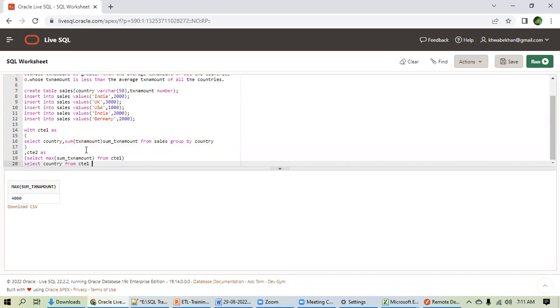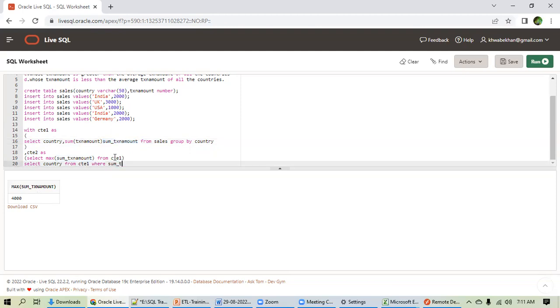But which country name do you want? What is the condition? Where this value equals how much? 4,000, right? Where sum of transaction amount equals the value from the second query.